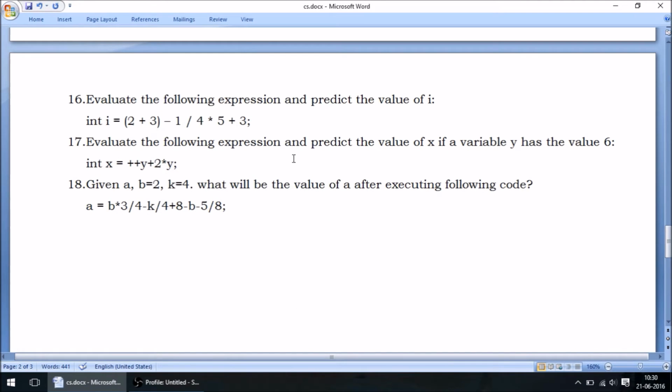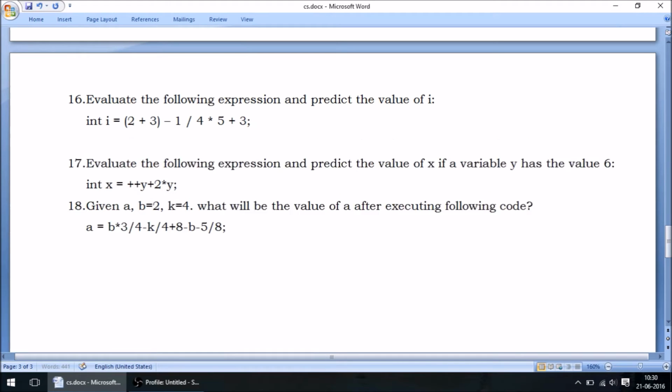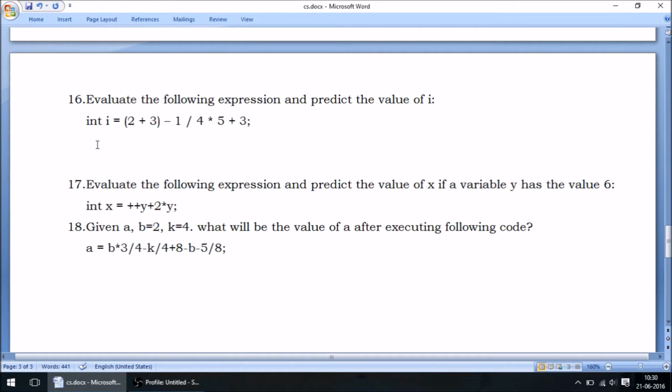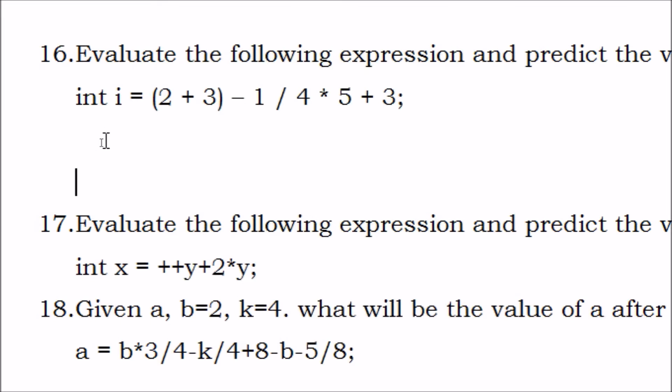Okay, the next question is again of evaluation. So let us take it and solve it. I'm going to place the values. In fact, I don't have increment and decrement operators here, so it's quite simple. You just have to remember the priority order among the arithmetic operators, and you know it already.